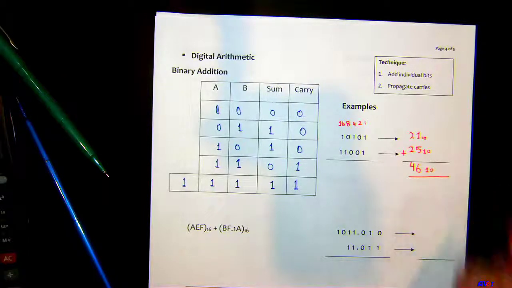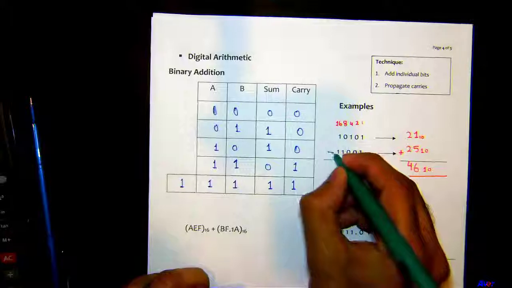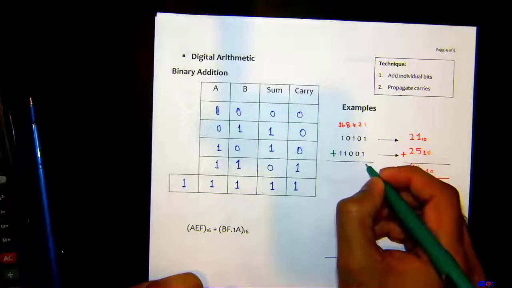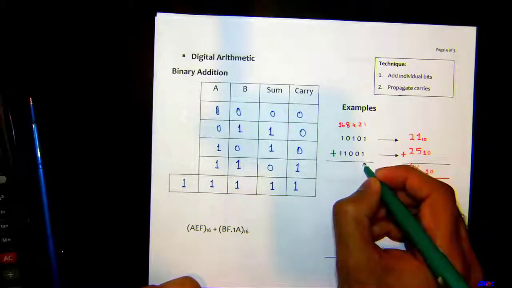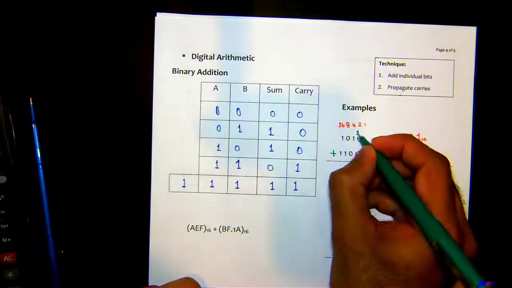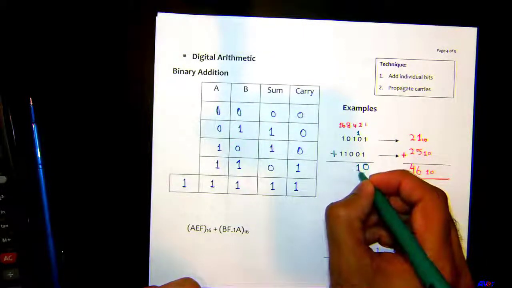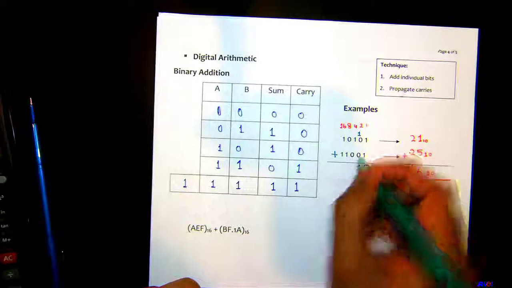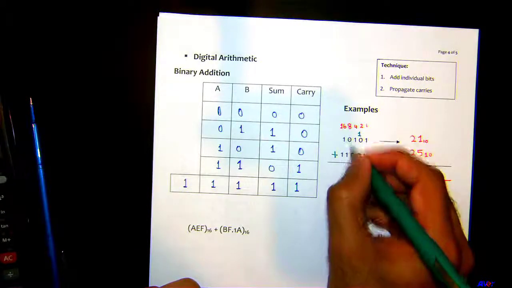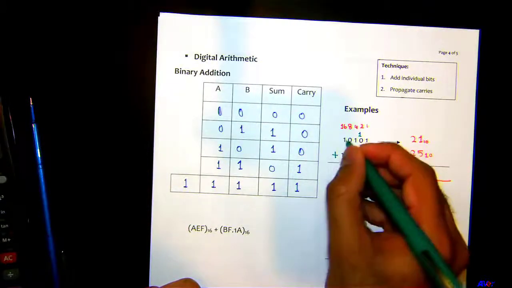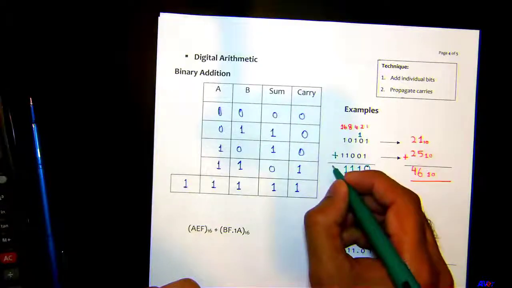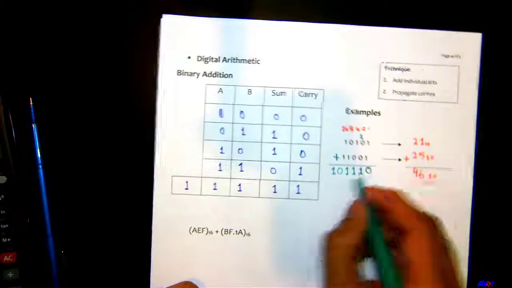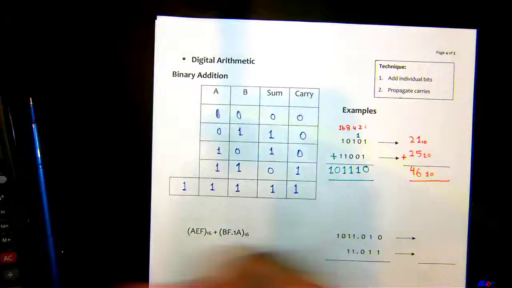All right, let's start working on this now. 1 plus 1, sum is going to be 0, carry is going to be 1. 1 plus 0 is 1. 1 plus 0 is 1. 0 plus 1 is 1, plus 1 is 10, right?